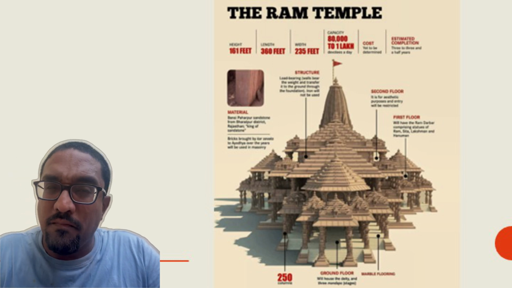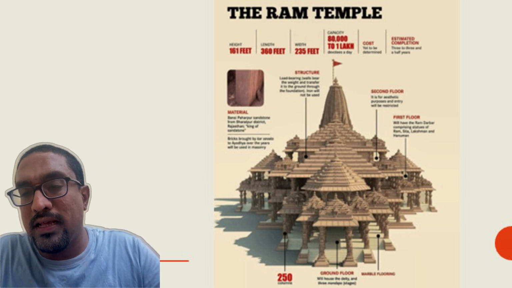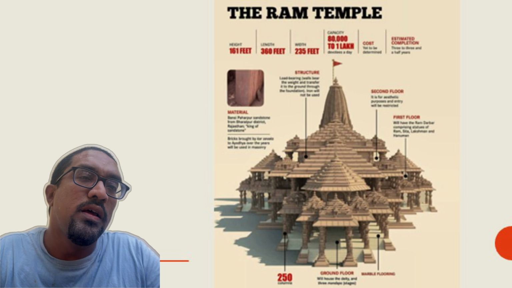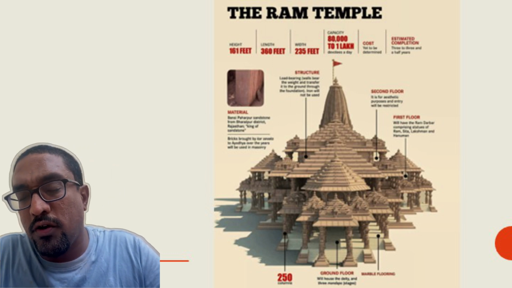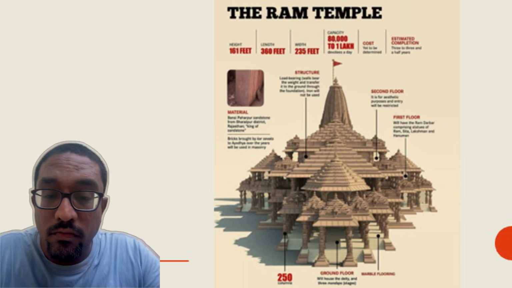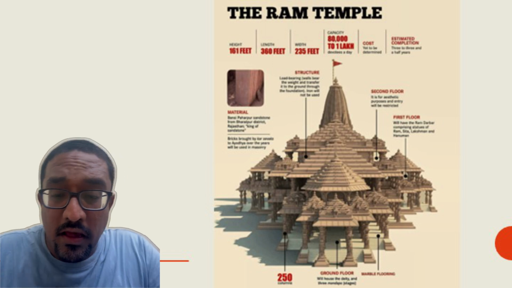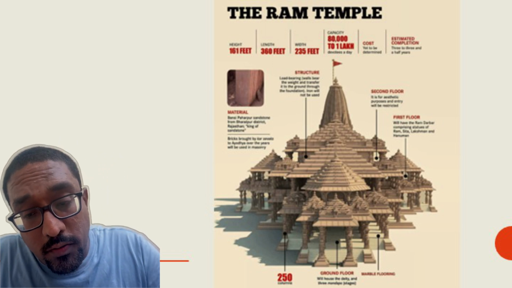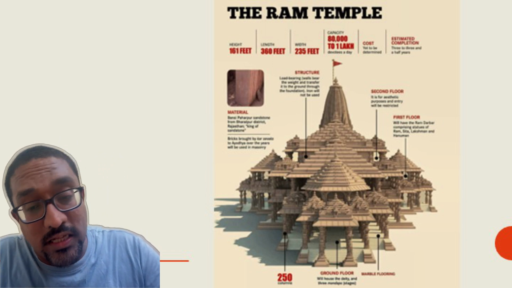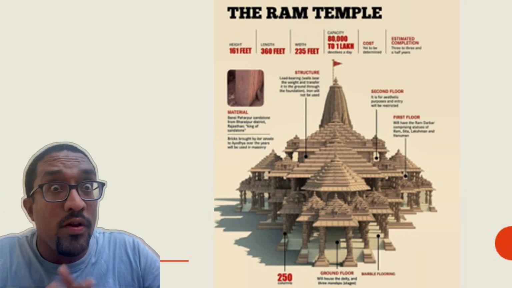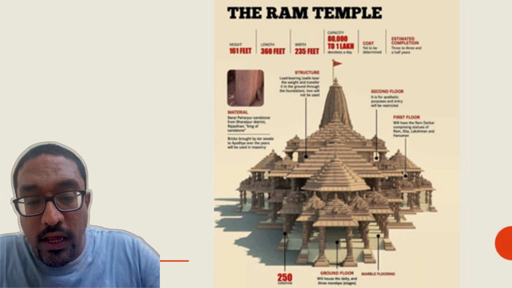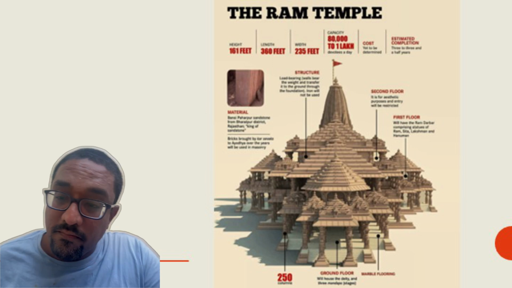The cost of the temple, finally, an estimation has been given. Previously, it was estimated to be completed in 3 to 3.5 years, which it did. Banshi Paharpur sandstone from Bharatpur district of Rajasthan, known as the king of sandstone, has also been used in making these temple structures.